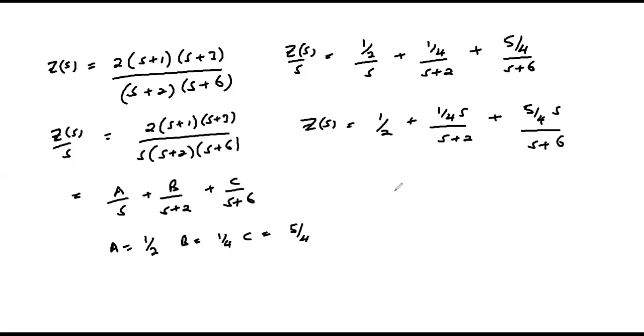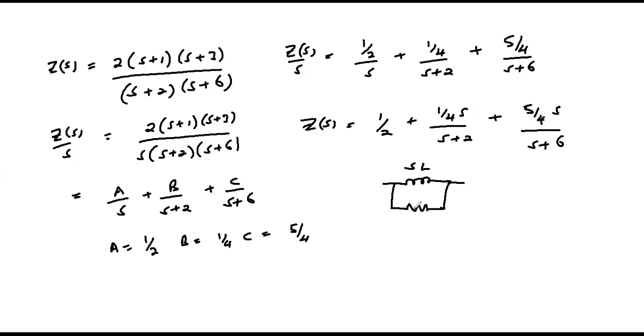Once we have these partial parts, we consider the first part. The first part indicates a resistor whose resistance is a half ohms, since a constant indicates a resistor. Then the combination of s over s plus 2 gives us an inductor-resistor parallel combination as follows: a resistor, an inductor, and a resistor in parallel.